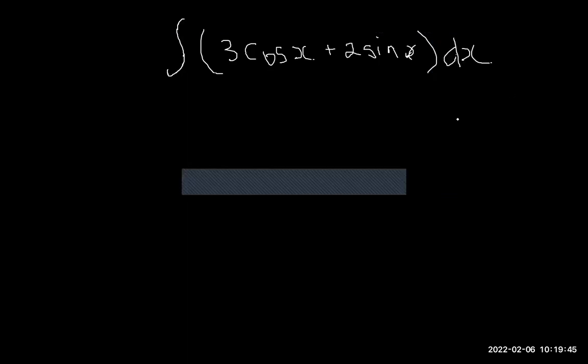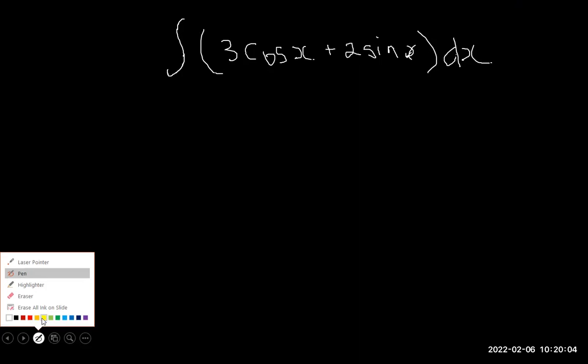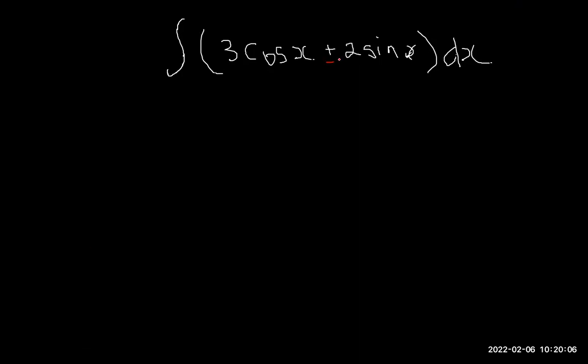So like I keep saying, integration, differentiation, it's all about using the rules, right? Once you know the rules, you're good to go. So I'm looking at this. They want me to integrate 3 cos x plus 2 sin x with respect to x. Well, the first thing you should pick up on is this addition sign here. This implies sum, right?